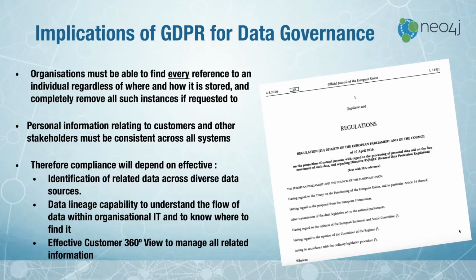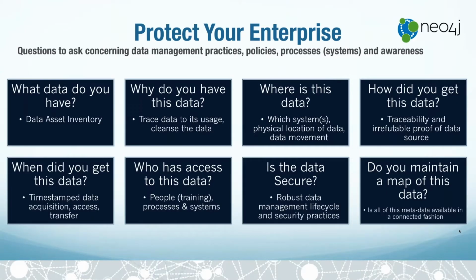So all of this has very big implications for how we manage data, for data governance in particular. And here's a very high-level summary. When asked to, an organization has to be able to track down every reference to an individual that they may have in their possession, and that, of course, applies to the obvious personal data that all of us might be concerned about, names and addresses, dates of birth, and what have you.